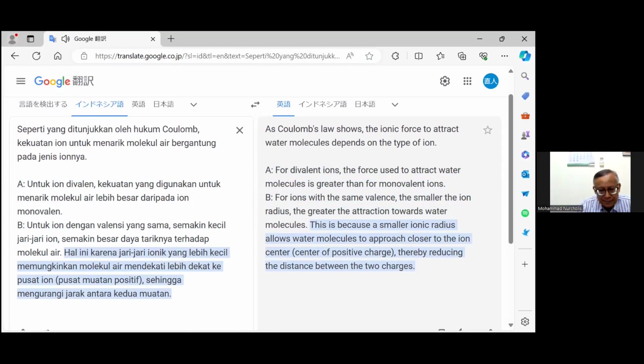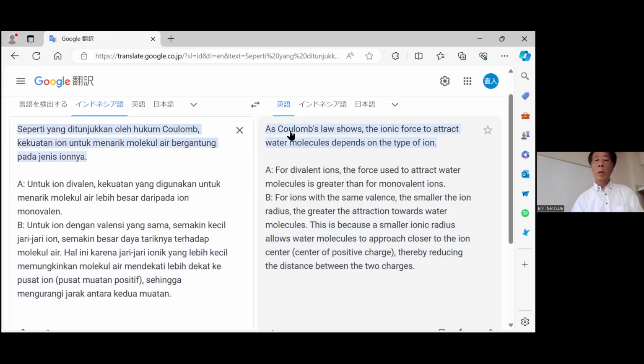This is because a smaller ionic radius allows water molecules to approach closer to the ion center of positive charge, thereby reducing the distance between the two charges. So, according to Coulomb's law, A and B are very easy to understand.